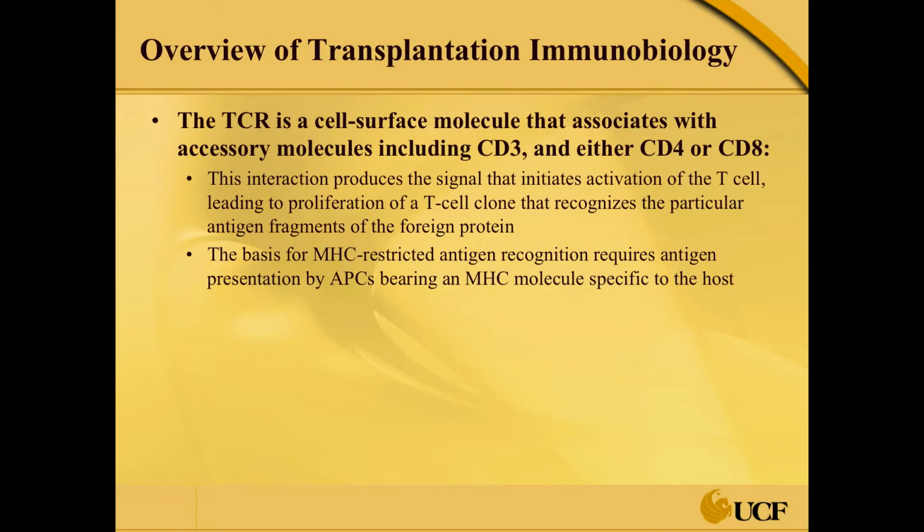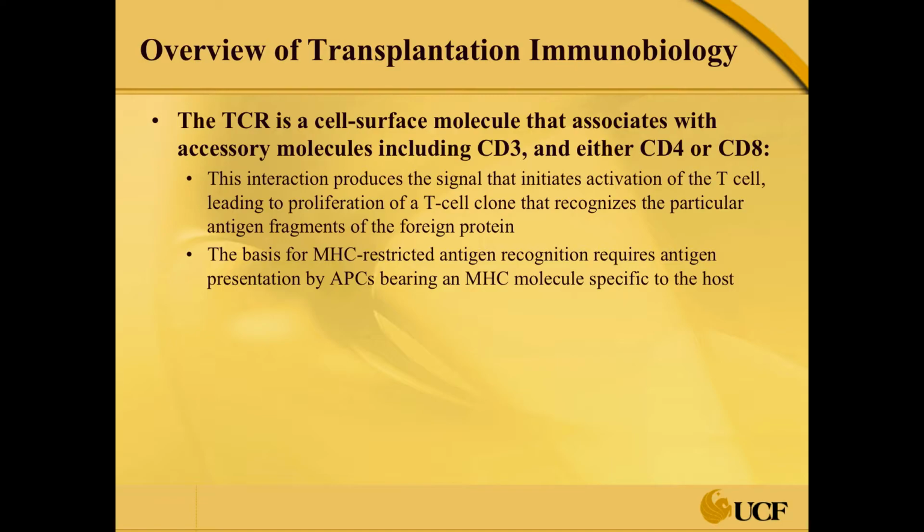The TCR is a cell surface molecule that associates with accessory molecules, like I said, the CD3, CD4, CD8, and this interaction produces the signal that initiates activation of the T cell. And when that T cell is activated, it proliferates a T cell clone that recognizes a particular antigen fragment. It does this through recognition of the foreign protein of that fragment.